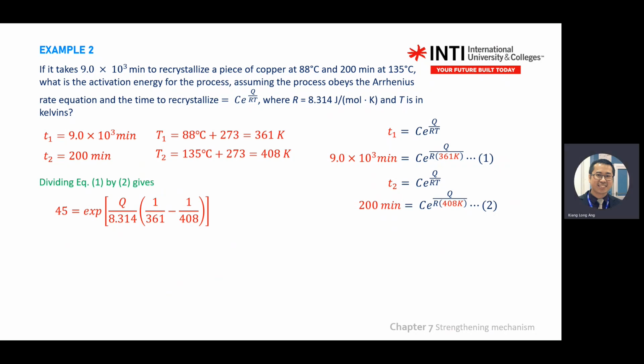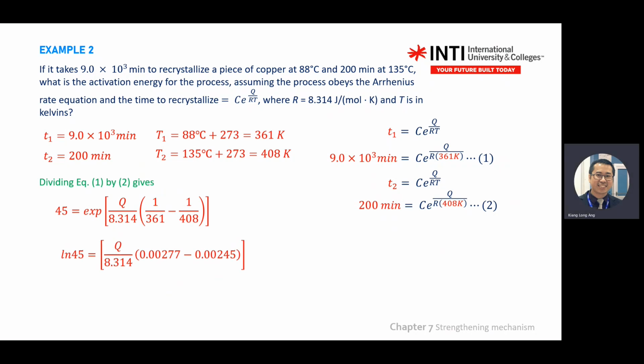So R is given, R is 8 point something. Then you can find your Q. The only thing missing is your Q. Q is your activation energy.